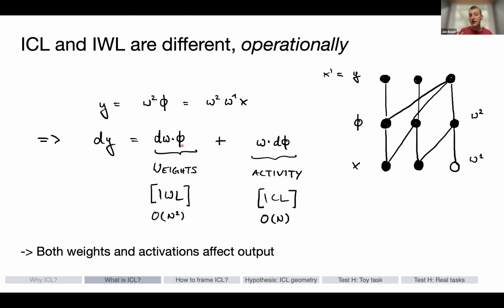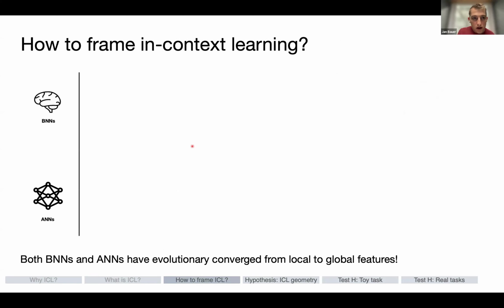You have something like order n parameters, and that's how you get more expressivity out of the in-weight learning paradigm. So this is how in-context learning and in-weight learning are functionally similar, but implementationally, operationally slightly different.